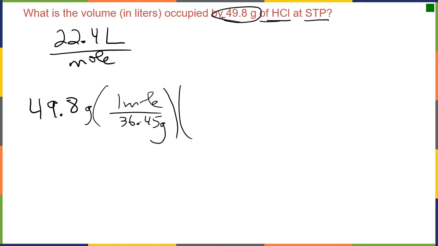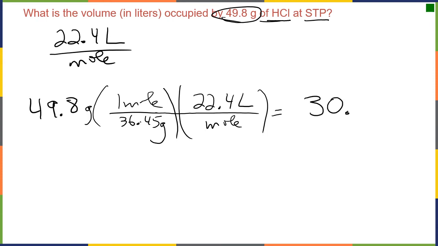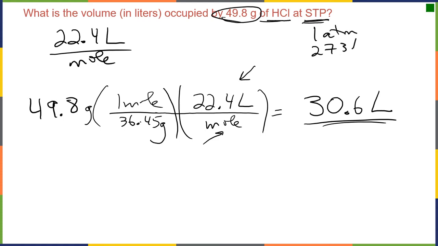And we know that we have a volume of 22.4 liters per mole, assuming that this is an ideal gas. And when we cross out our units, we are going to get that a volume for this gas is 30.6 liters. There's a direct relationship here again between moles and volume. We can do it at any set of temperatures. We simply choose to use STP, 1 atm and 273 Kelvin.